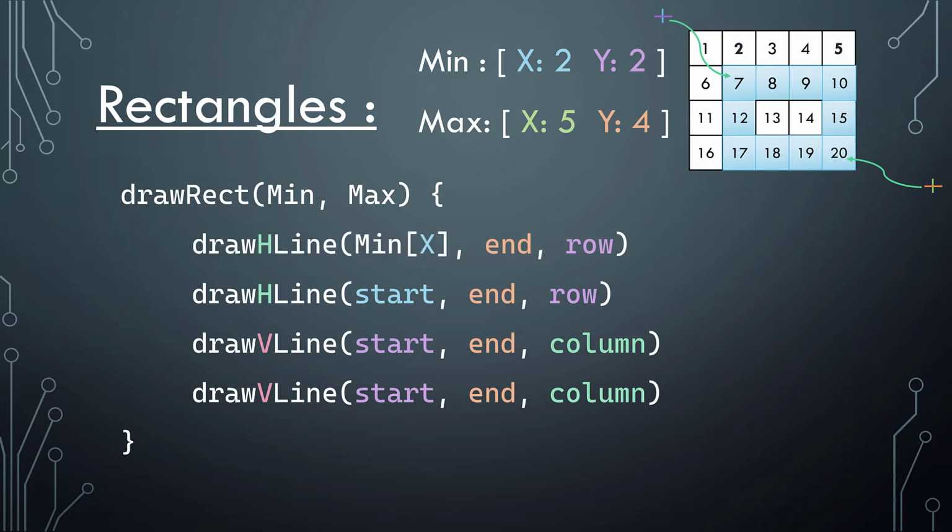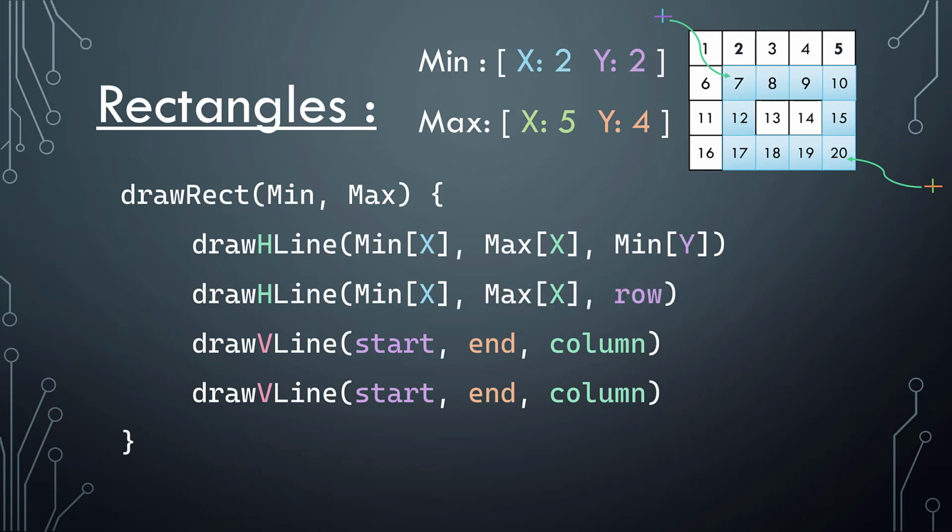And then if we start plugging it in, the first column is going to be whatever the min x is. Second column is going to be whatever the max x is, which we already pre-computed before. And our first row is going to be the min y. The second horizontal line is going to have the same coordinates for the start and end for the columns, but the row is going to be the max y. Then the first vertical line on the left is going to start for, I think this is a mistake, should say min y.